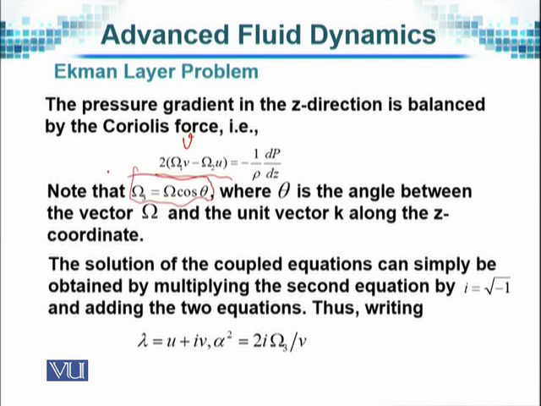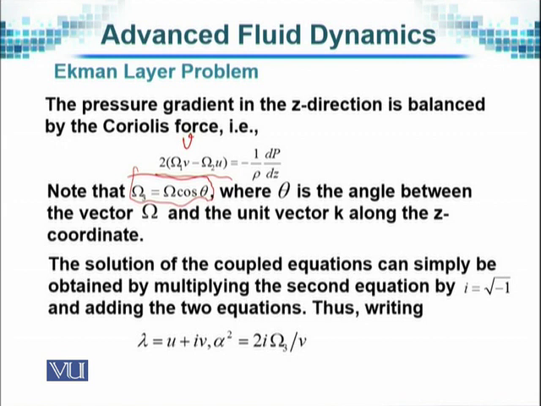can be expressed as omega into cos theta, where theta is the angle between the vector omega and the unit vector k that is acting along the z coordinate, that is in the vertical direction.